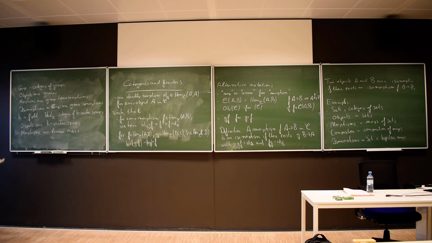And of course, we again implicitly use that the composition of two vector space homomorphisms is a vector space homomorphism again, so that we can take the composition of these maps as a composition law for this category. Again, the identity is a linear map, that's also clear.